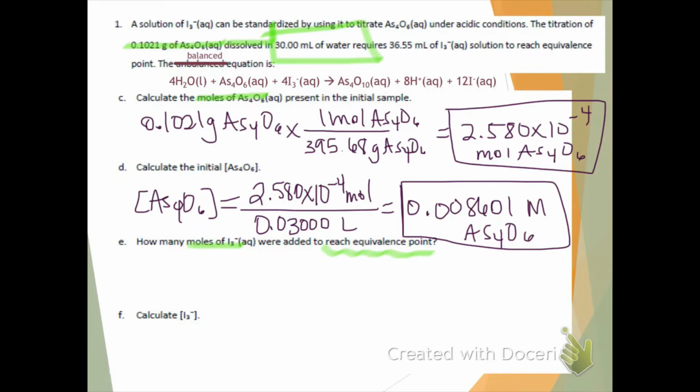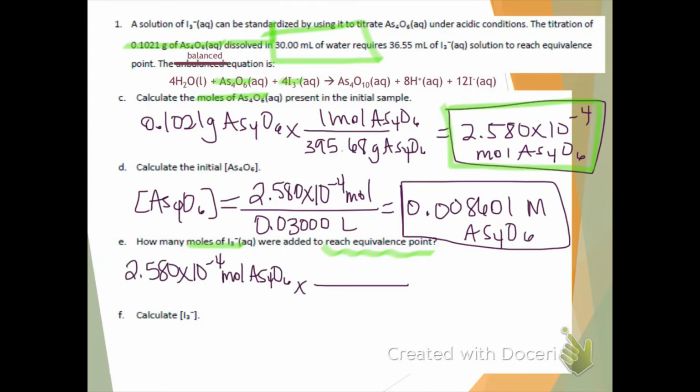Moving on to part E, we want to know how many moles of I3- were needed to reach the equivalence point. Now we get to do our stoich. We know from our molar ratio that every 1 mole of As4O6 requires 4 moles of I3-. Well, we know how many moles of As4O6 we started with. We need to figure out how many moles of I3- were required to completely react those moles.